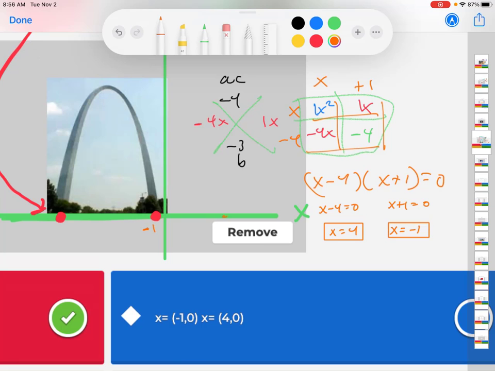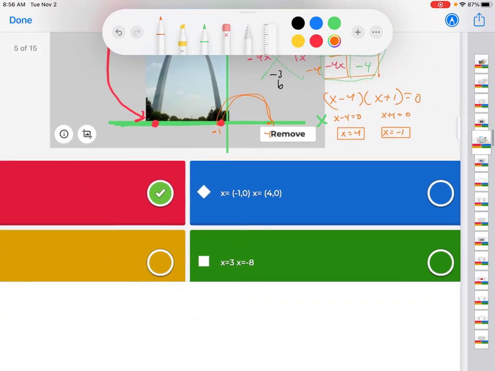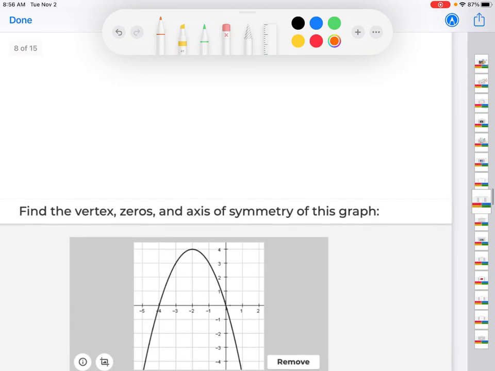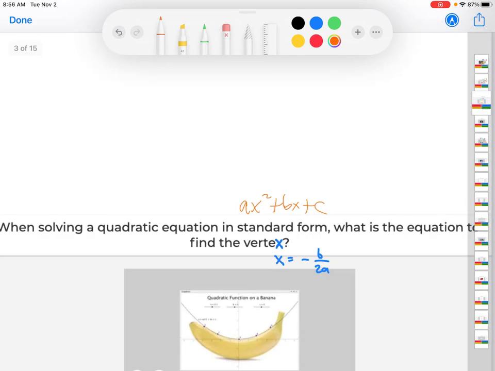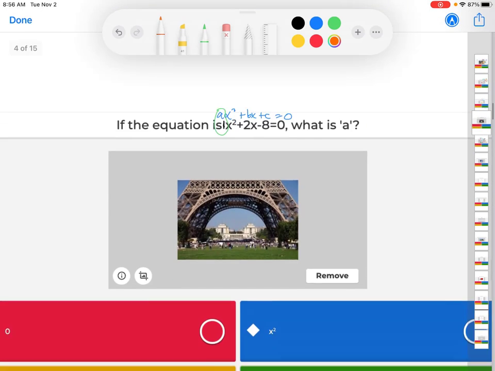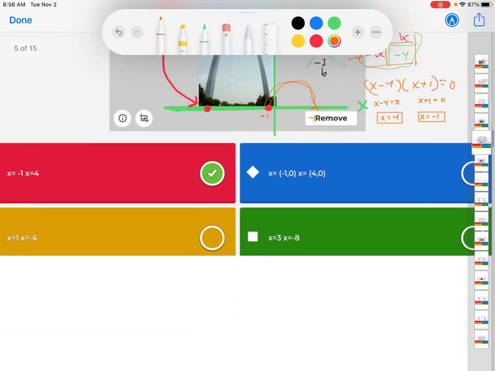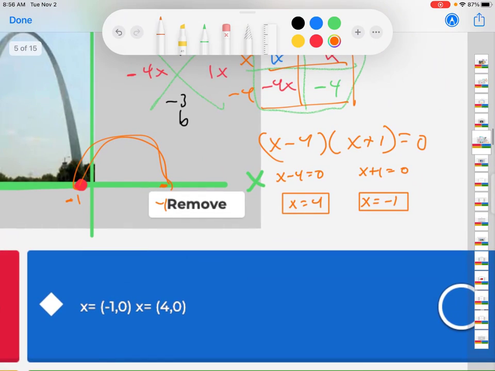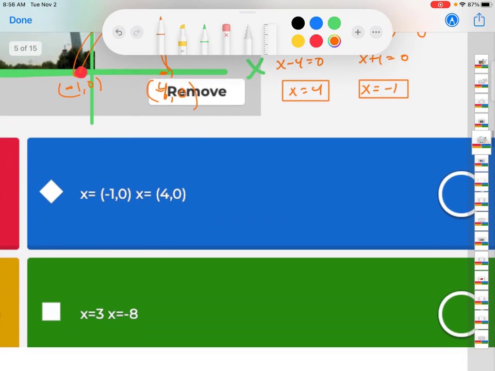It would be negative 1 and a 4. Like, the graph looks like that. So our ordered pairs, this would be negative 1, comma 0 and 4, comma 0.